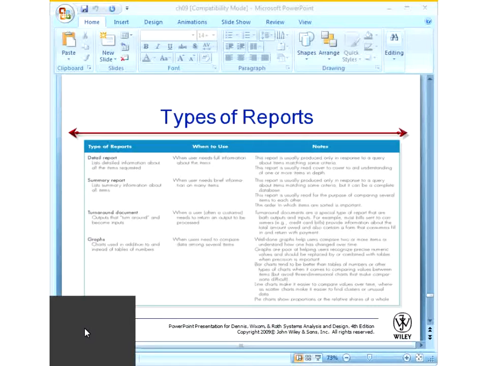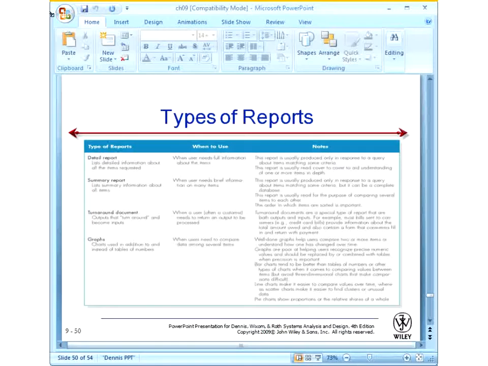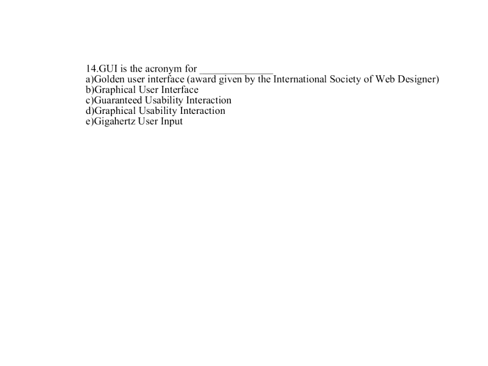Remember that the questions which you will be getting in exams can be about acronyms as well. For example, you may have questions like this. The GUI is acronym for. Acronym means stands for what?